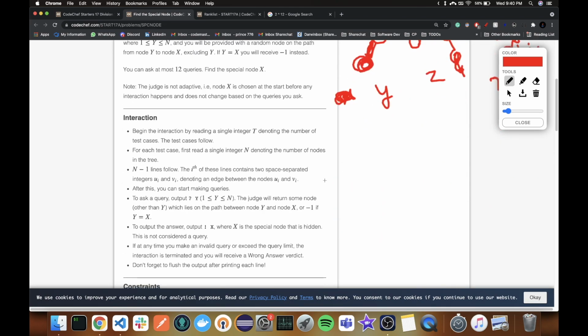We have to look at the diameter. So if I look at the tree from the diameter, this can be at maximum 2, something like this. I query here.